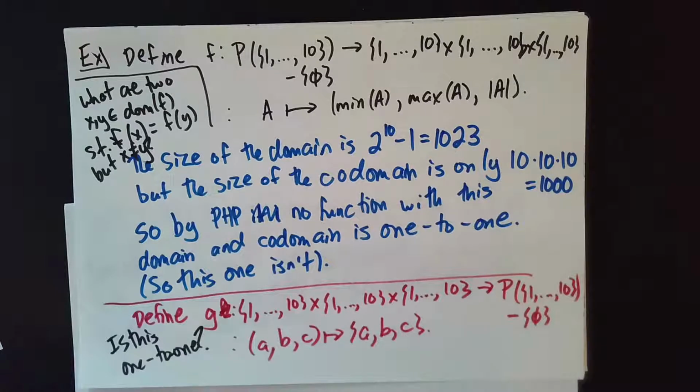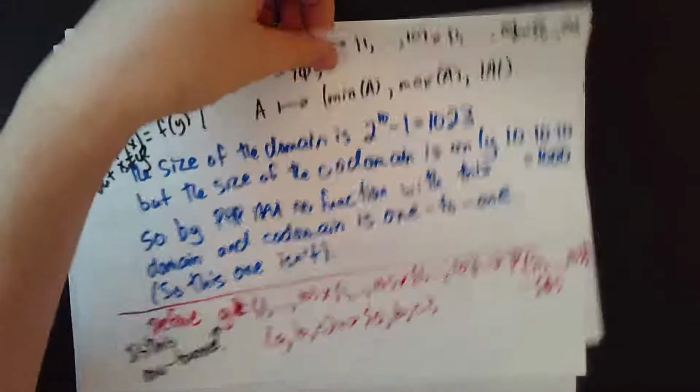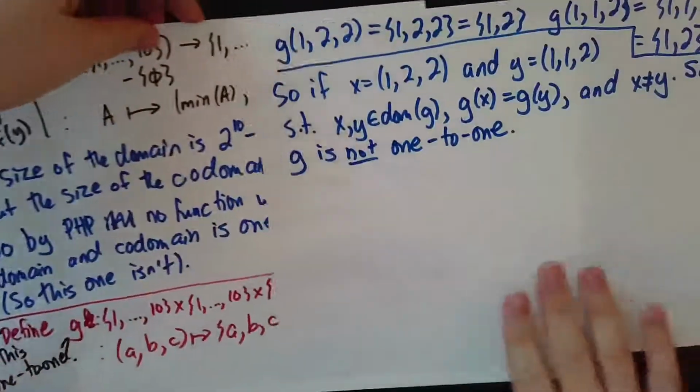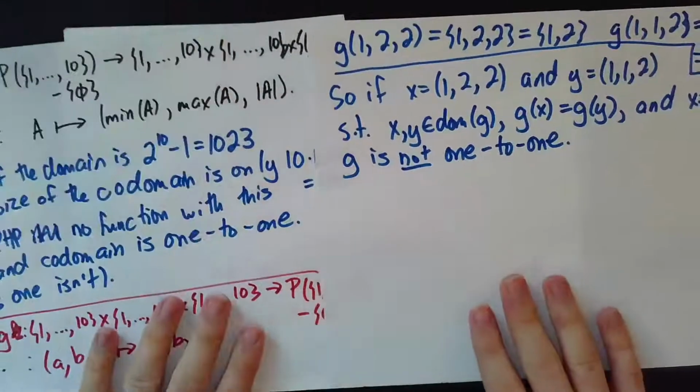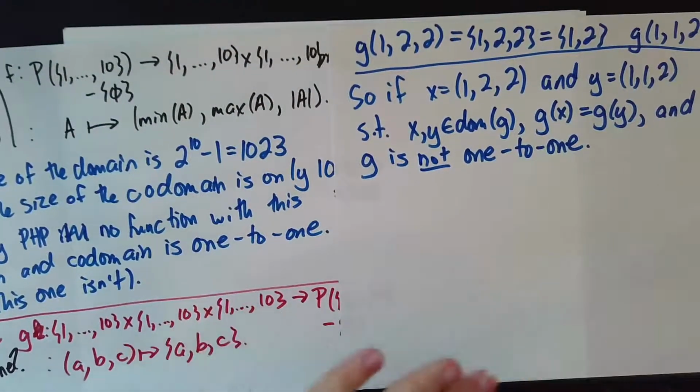Can someone give me 2 things that map to the same element under this function? {1, 3, 5} and {1, 4, 5}. That is very much the kind of example I would have given.